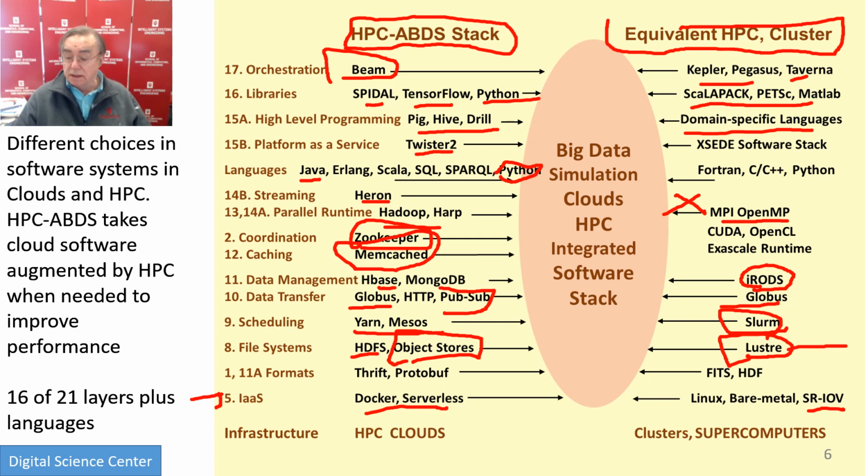In the classic cluster, everything is files. And then we have lots of formats. HDF is a standard format in scientific computing. FITS is one, I think, in astronomy. All right, so they actually have similar structure, but rather different entries because they're optimized in different ways and have different histories.